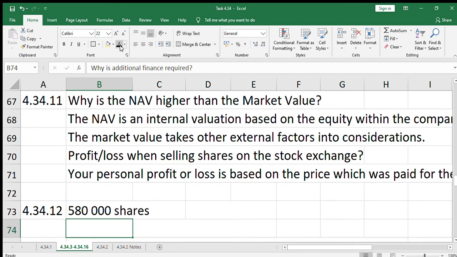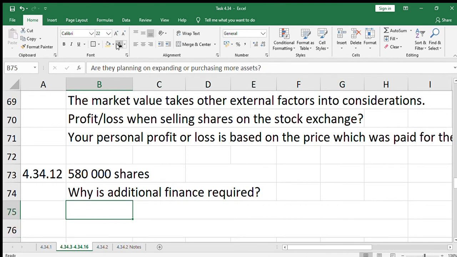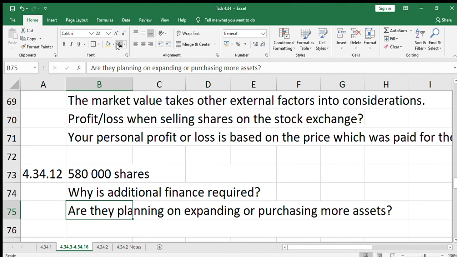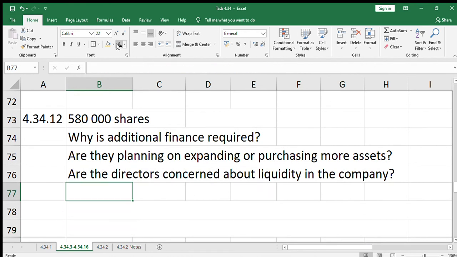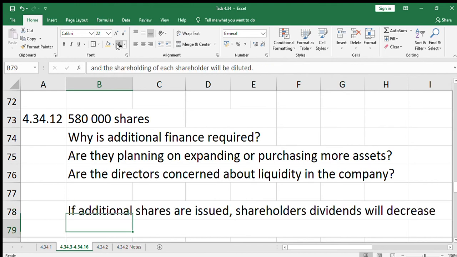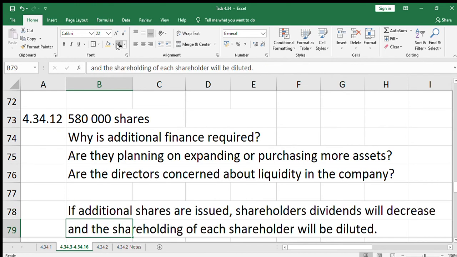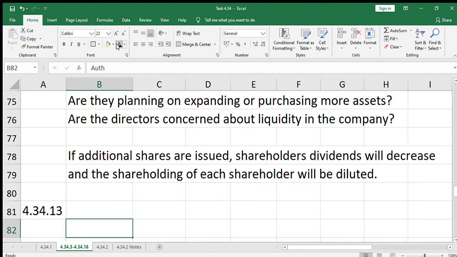Shares are issued when money is required. Why is additional finance required? Are they planning on expanding or purchasing more assets? Are the directors concerned about the liquidity of the company? If additional shares are issued, shareholders' dividends will decrease and the shareholding of each shareholder will be diluted.